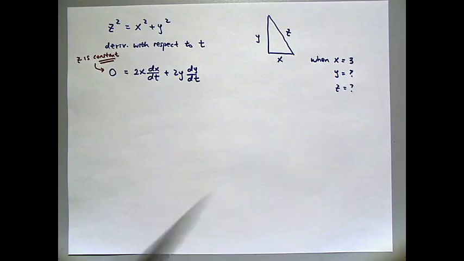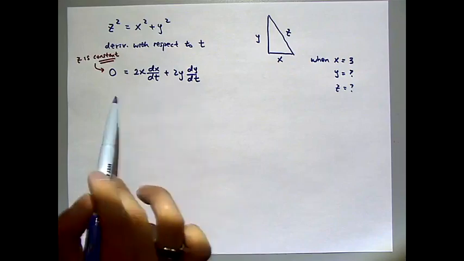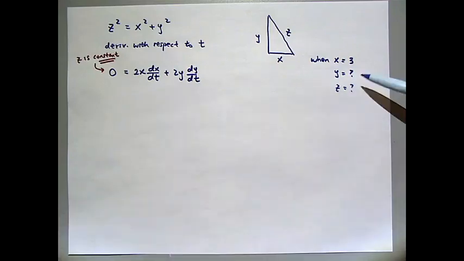If I can somehow find out y, then z is automatically found because of the Pythagorean theorem. And that's what this equation is going to tell us. This equation will tell us what y is equal to. Using that information, I can find z.